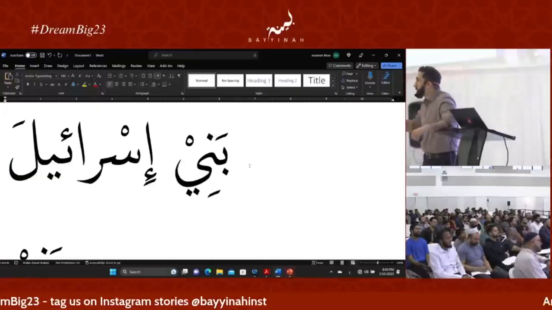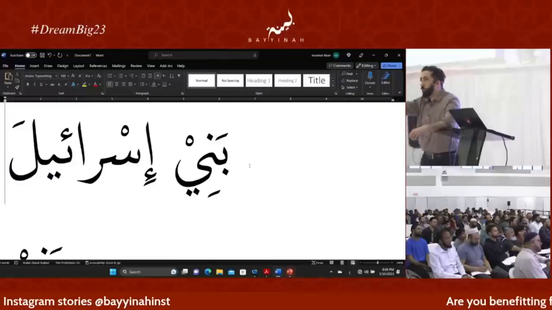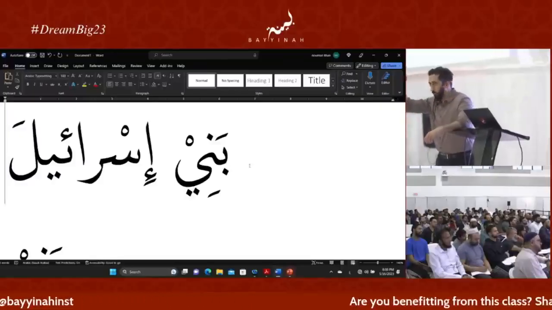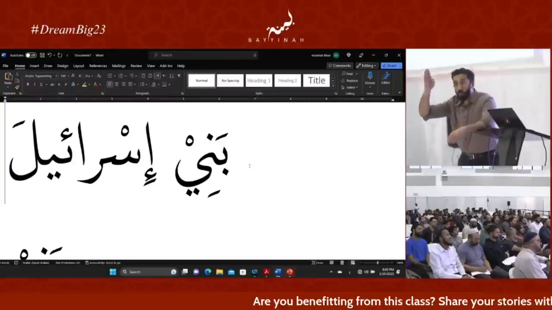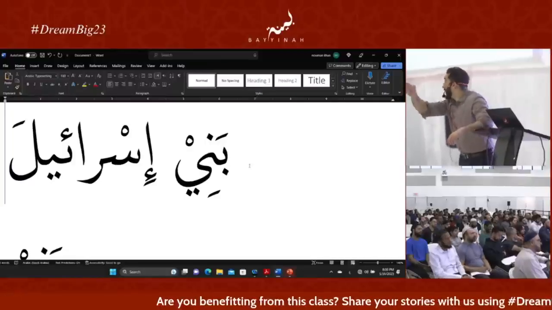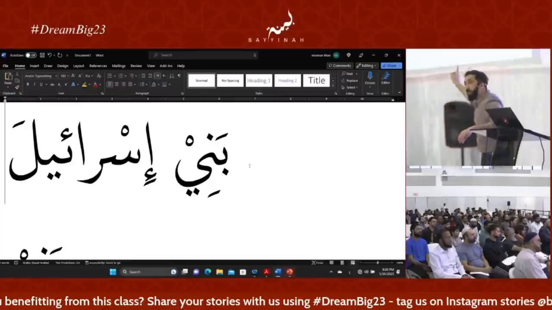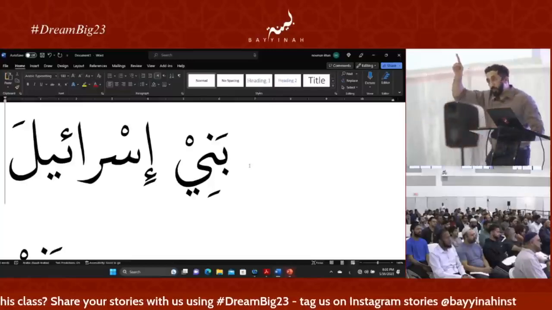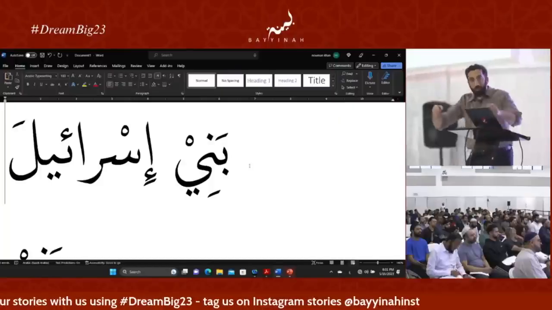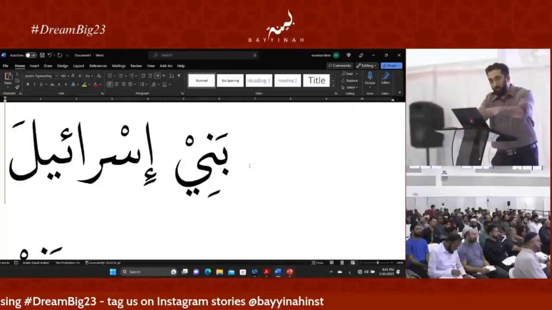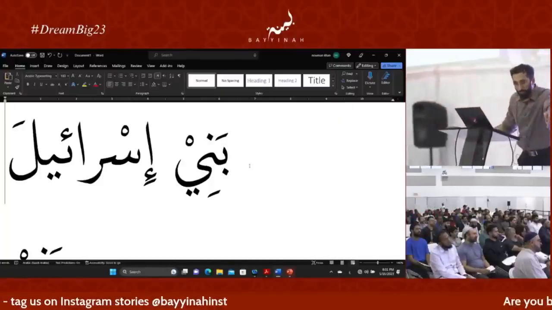What did you learn about partly flexibles? I want to hear u, a, which means rafa' is u, nasab is a, jar is also. I see Bani Isra'ila, which means it could be nasab or jar, but this Bani is such a nice juicy mudaf, which means this must be a.